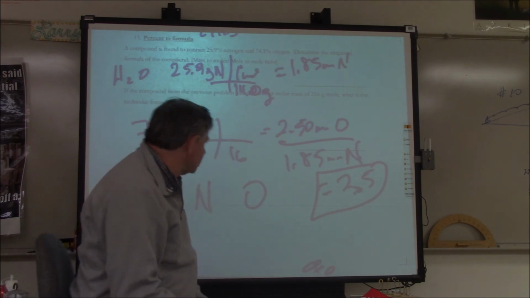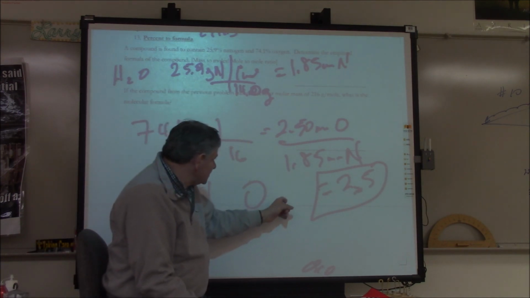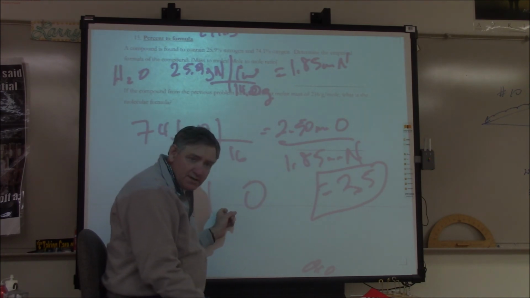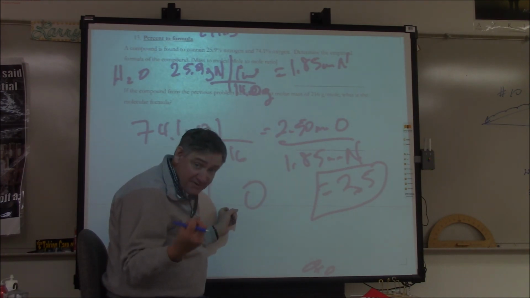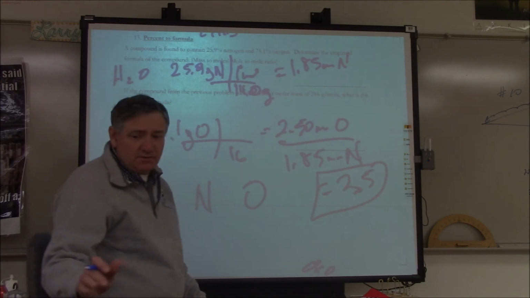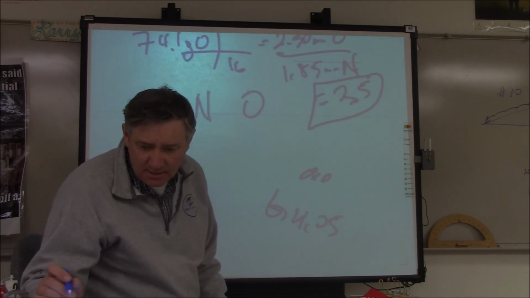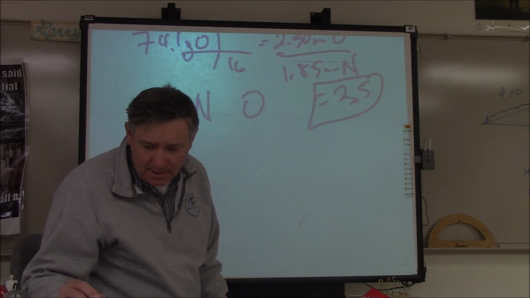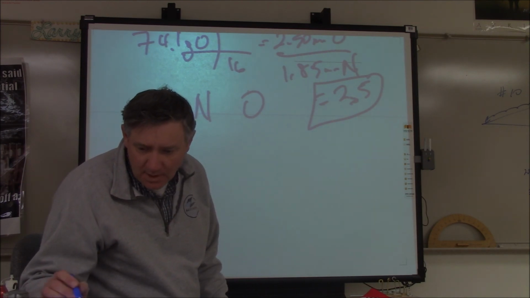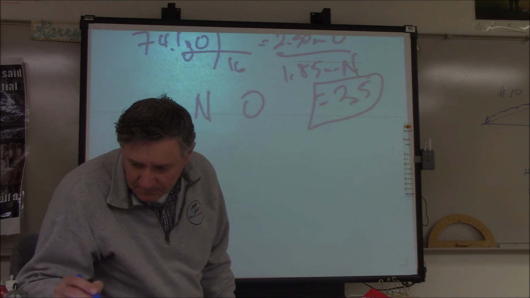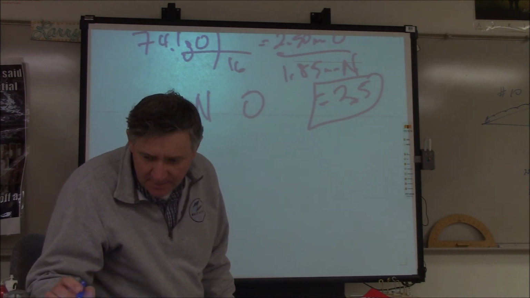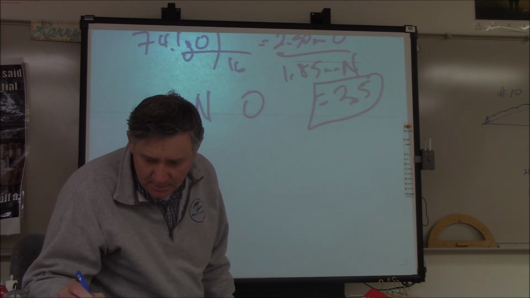Now here's the problem. I can't have 2.5 oxygen atoms to every 1 nitrogen. I can't have a half of an atom. So I'm going to have 2.5, which is 5 halves.